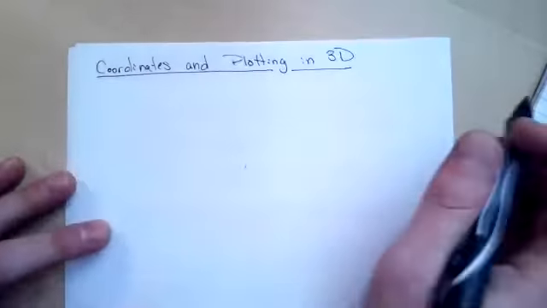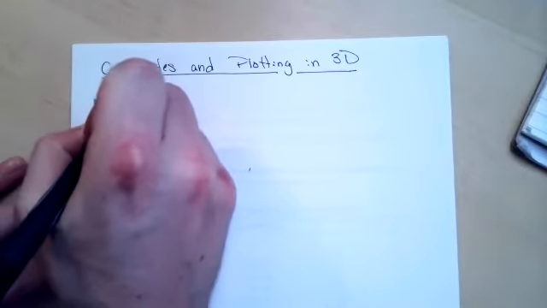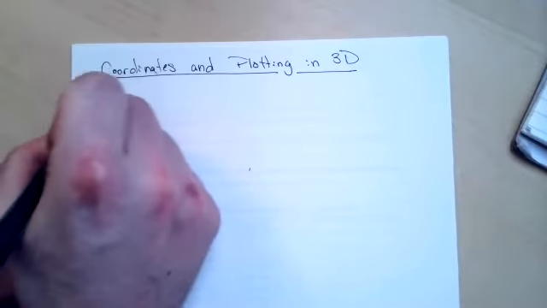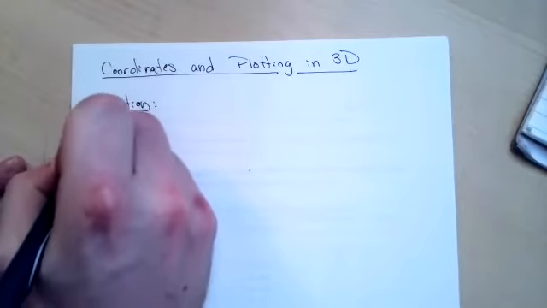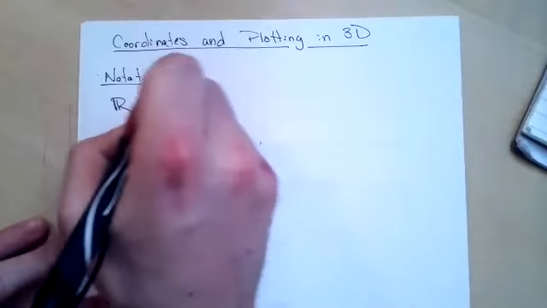So let's go ahead and start off with notation. In Calc 1, you're working with what we call R. I don't know how many of you have seen this notation. This R with an extra line through it, we call it Blackboard bold, is just the set of all real numbers.